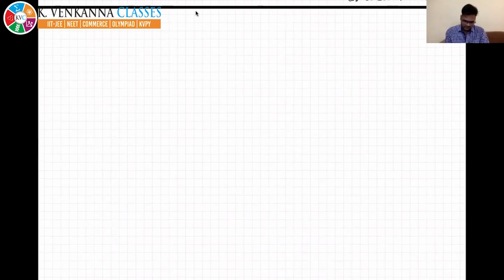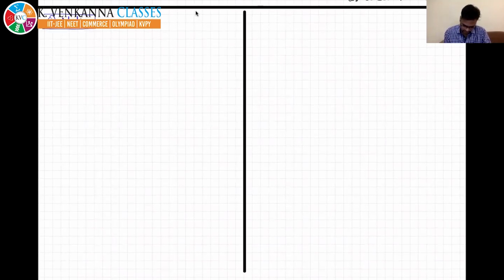But before that, first let us know what is oxidation and what is reduction. Let us start with oxidation. It is a very simple concept.